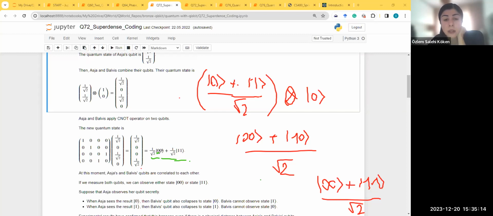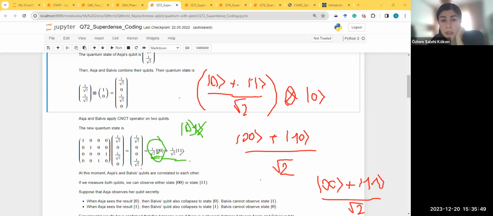Because if Asya is observing a 0, this means we are now in this quantum state. There is no quantum state here with non-zero amplitude, like 0, 1. If Asya is observing a 0, this means Boris should also observe a 0. And similarly, if Asya observes a 1, this means Boris should also observe a 1 because there is no other possibility.